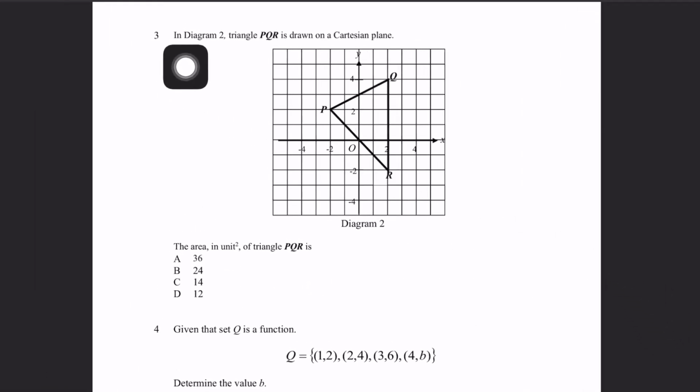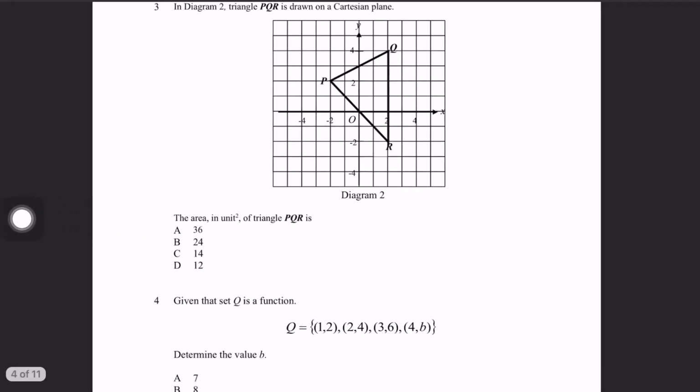In Diagram 2, triangle PQR is drawn on a Cartesian plane. The area in unit of triangle PQR is... So kita tahu what is the formula for the area of a triangle: 1 over 2 times base times height.